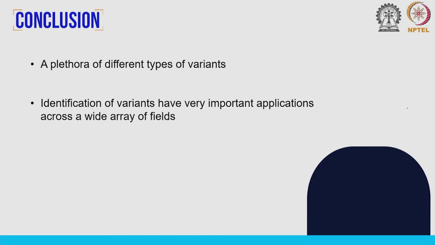We will talk about that in much more detail in the next classes when we talk about SVs, but I hope it is clear that there are a huge number of variants that we need to identify when we are analyzing genome sequencing data. Then we talked about these variants and their applications across different fields.